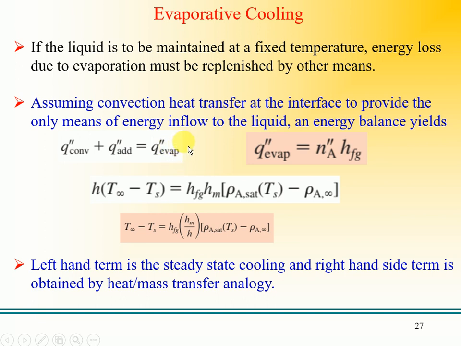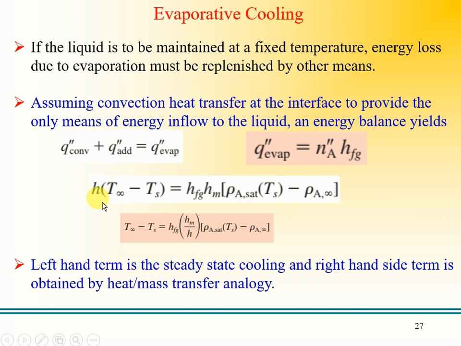The double dash means it is per unit area. So Q double dash evaporated is N_A, the number of moles, in kilograms per meter square second, multiplied by h_fg, the latent heat.